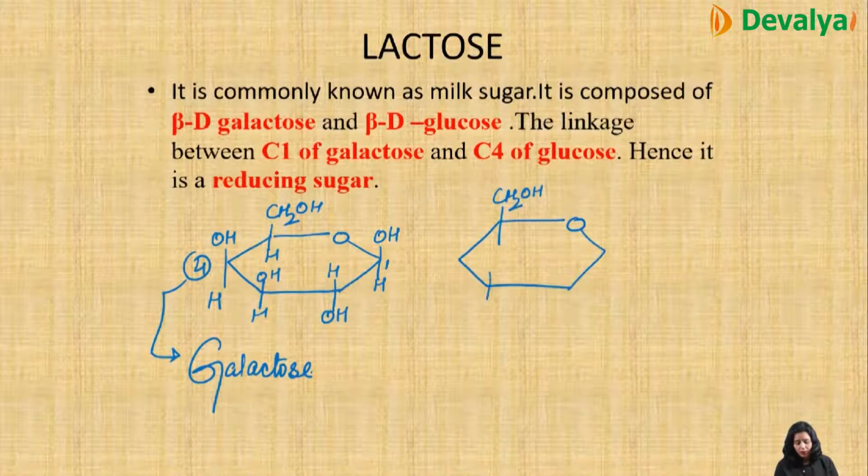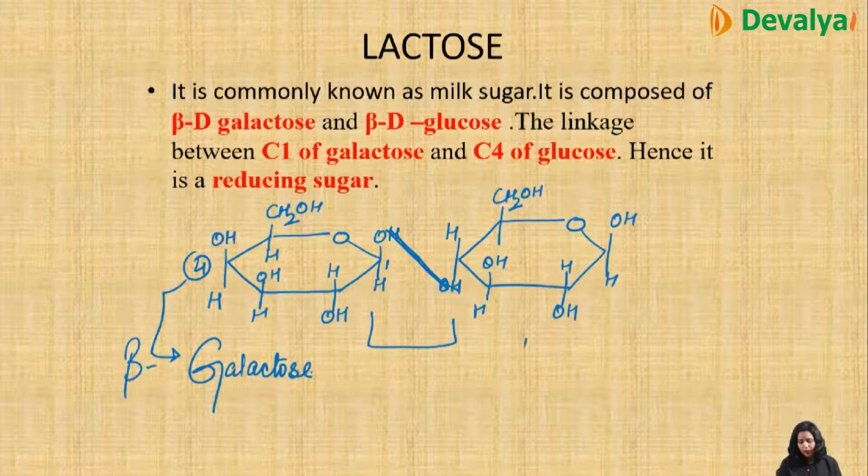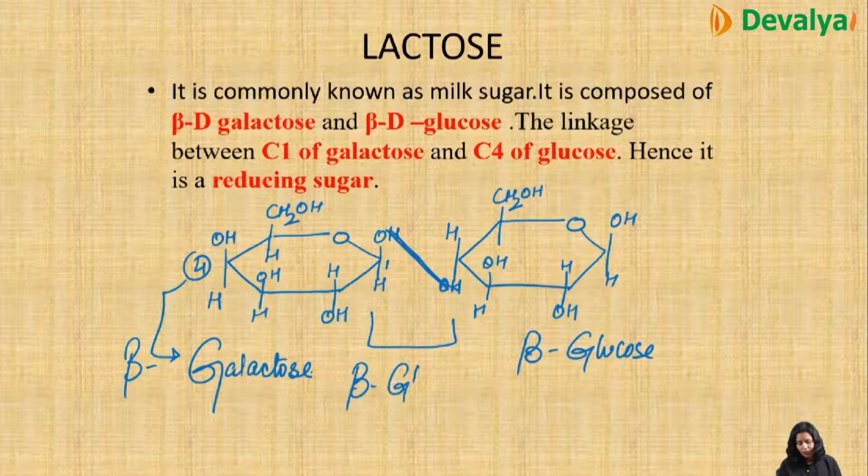Then your OH on the upper side, and because this is also beta, OH on the upper side, then H, OH, then H, OH, and the removal of water will occur like this, H and OH, and they link like this. Because this is beta galactose and this is beta glucose, the linkage which is there is a beta glycosidic linkage.